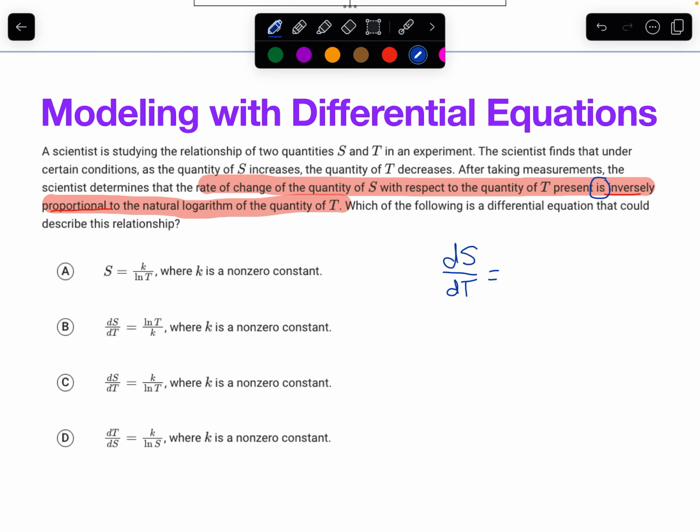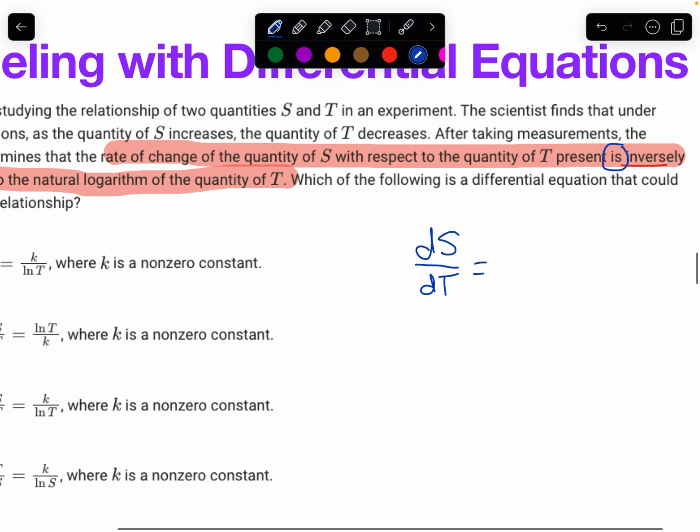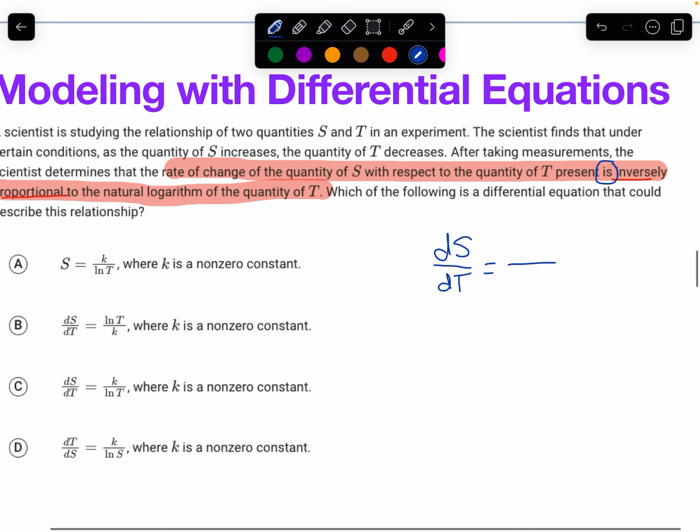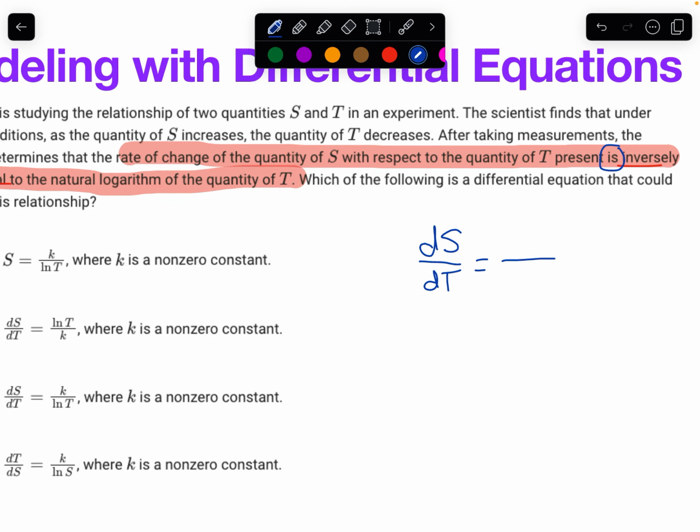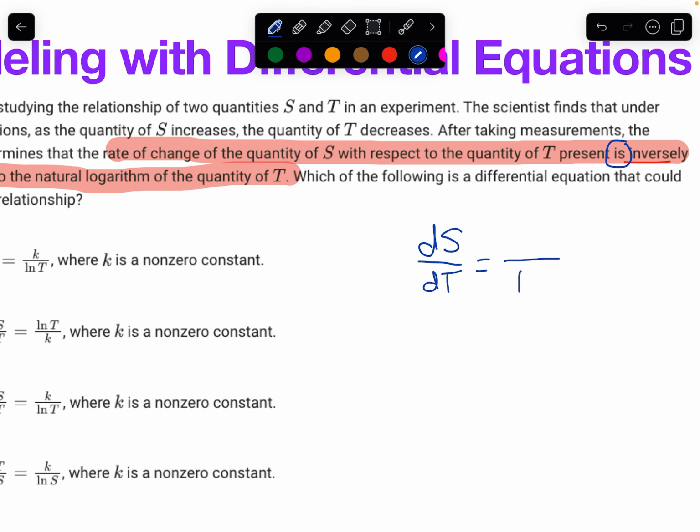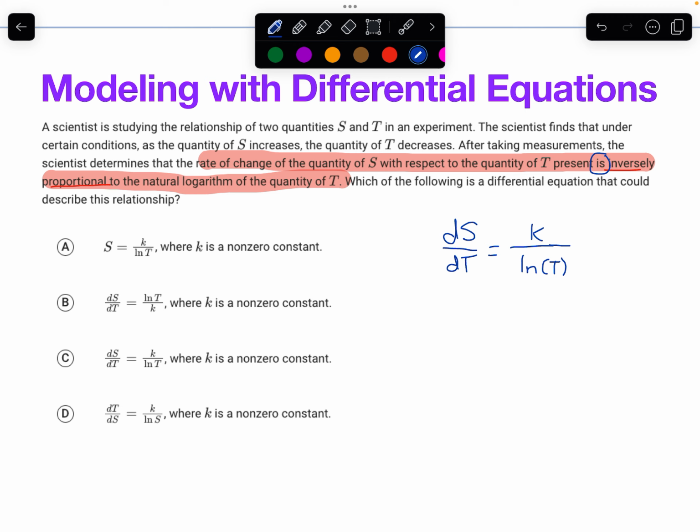Then we have that phrase inversely proportional to, so we'll have this inversely proportional relationship like we saw previously. ds/dt is inversely proportional to the natural log of the quantity of t, so that'll be a natural log t down here in the denominator because we have that inversely proportional relationship. But then there's going to be some constant multiplier k that we won't be able to solve for unless we're given more information. Well, the equation that I wrote here matches best with choice C.